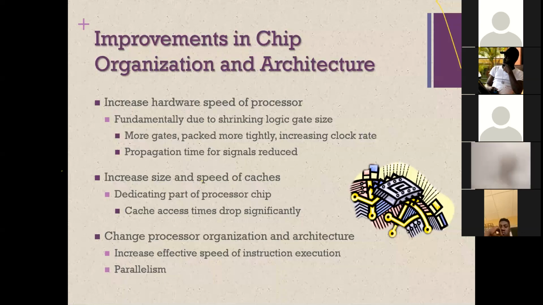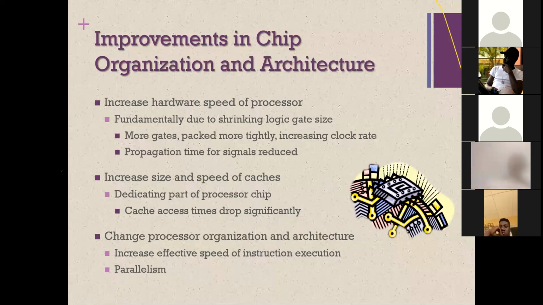First, increase the hardware speed of the processor. This increase is fundamentally due to the shrinking in size of the logic gates of the processor chip, so that more gates can be packed together more tightly, and also to increase the clock rate.